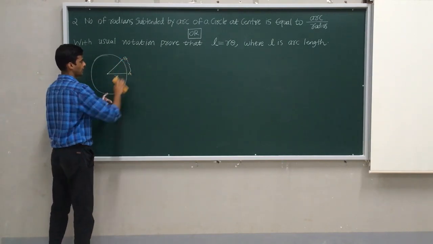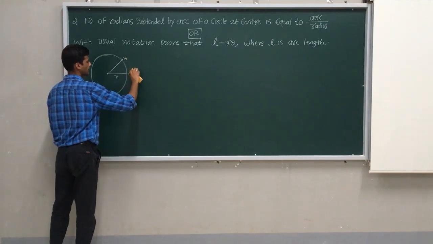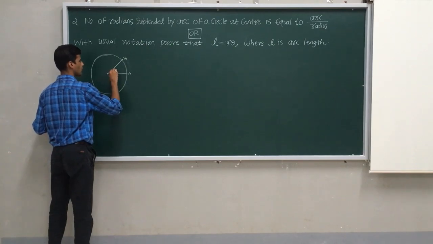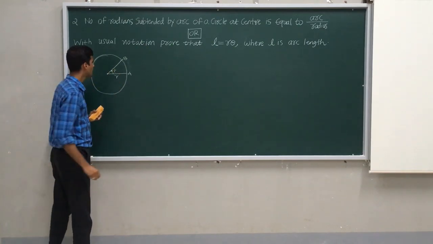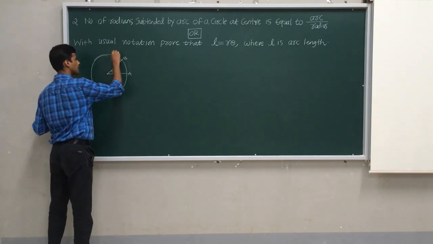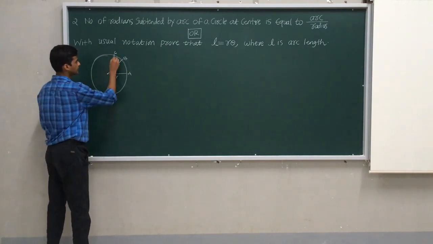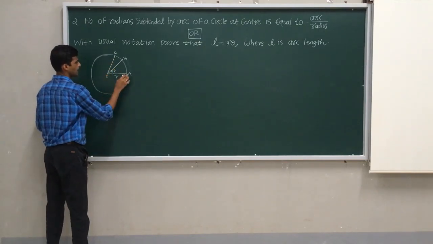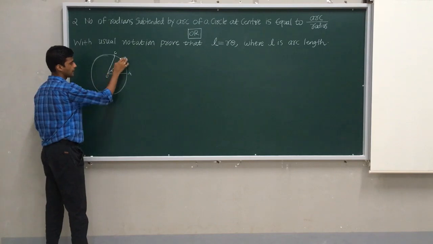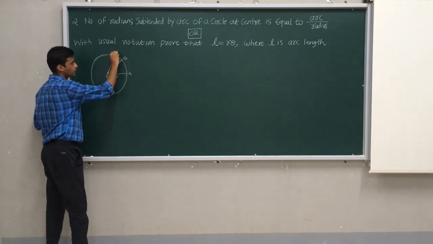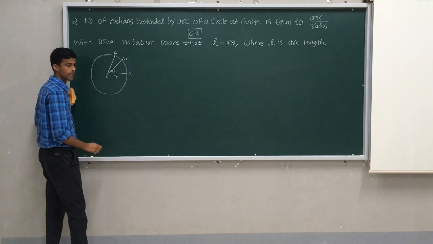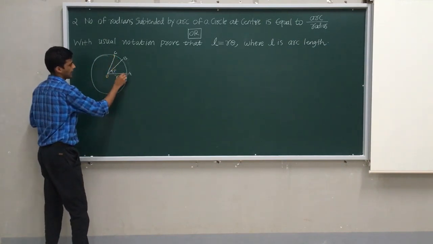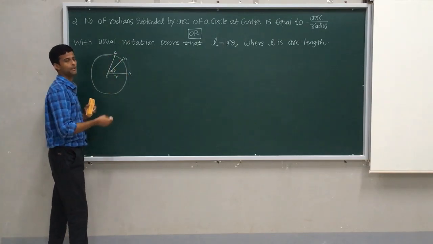To get 1 radian, this length as well as the radius should be the same, which contributes 1 radian. I will take one more point here, call it A. Now first is AOB, which is 1 radian. Now I take one more point C, a bit apart from B. So I get angle AOC, which I will call theta.